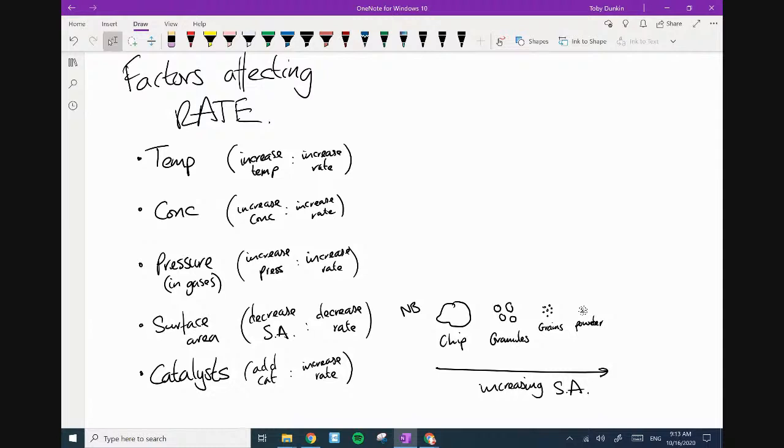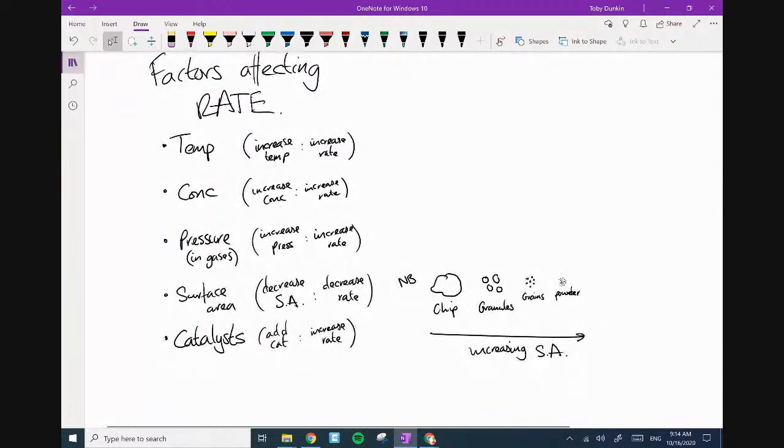But adding more doesn't make a reaction quicker. It doesn't increase the rate. All it will mean is that I will make more of the product, which may actually be a benefit. That might be a bigger explosion if I make more explosive gases, more hydrogen, for example. But it doesn't make the reaction any quicker. It doesn't increase the rate at all.